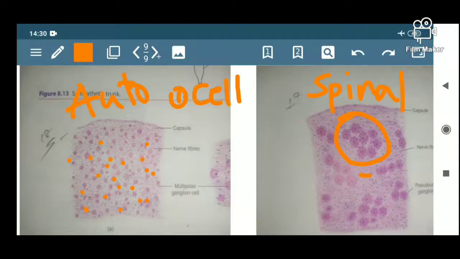You can see the position of the nucleus: in spinal ganglion the nucleus is at the center, whereas in autonomic ganglion the nucleus is eccentric, towards the wall. And the satellite cells, the flat cells present outside the cell bodies, are more in number in spinal ganglion, whereas they are very few in autonomic ganglion. So these are the differences between the spinal and autonomic ganglion.